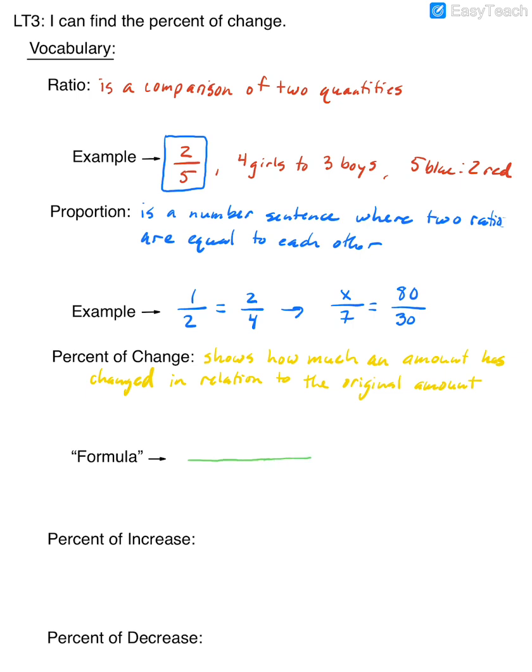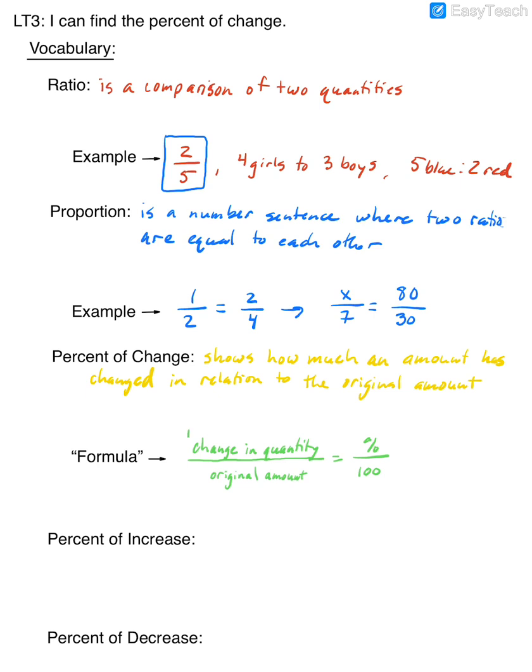So the top is the change in quantity, okay, divided by the original quantity or amount, okay, and that's going to equal the percent divided by 100. Okay, now sometimes the change in quantity can be positive or negative.